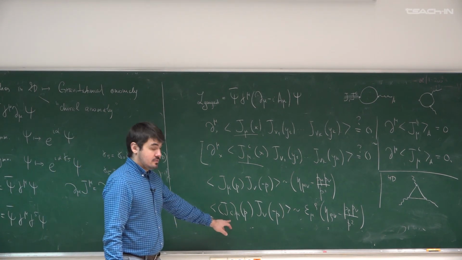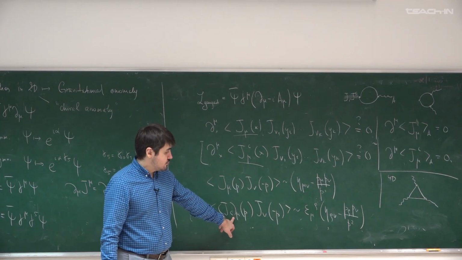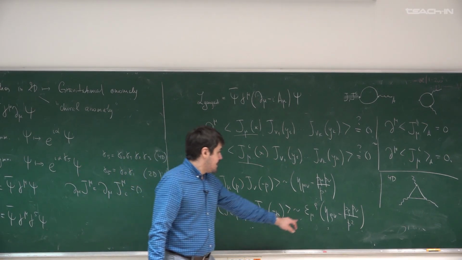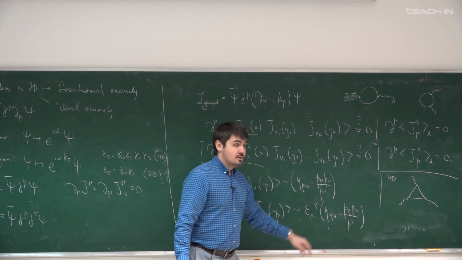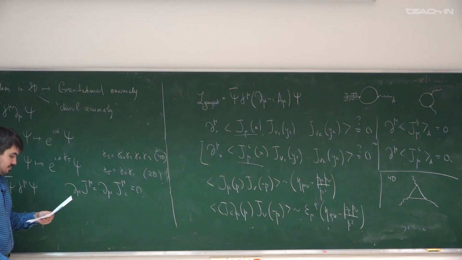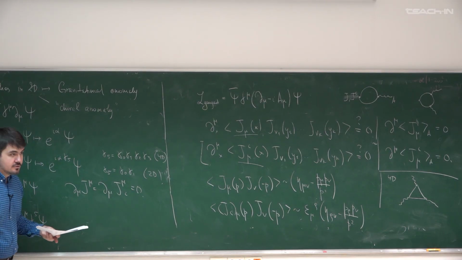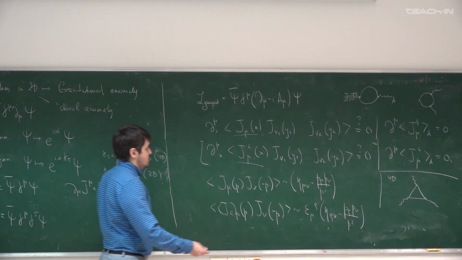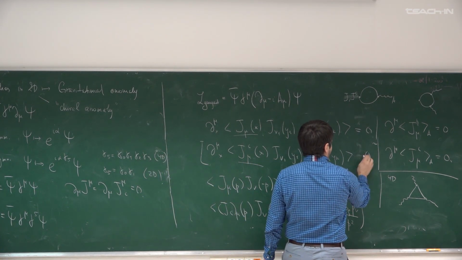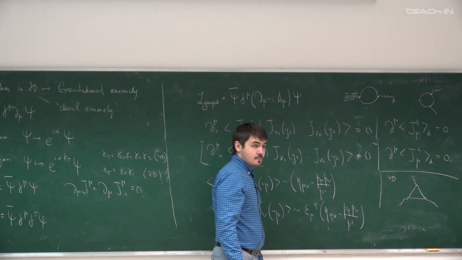And you see this current is not conserved. So if you contract this with p mu, this piece will disappear, but this piece will remain. Okay, so that's the signature of the chiral anomaly. This correlation function remains 0, but this becomes non-zero.